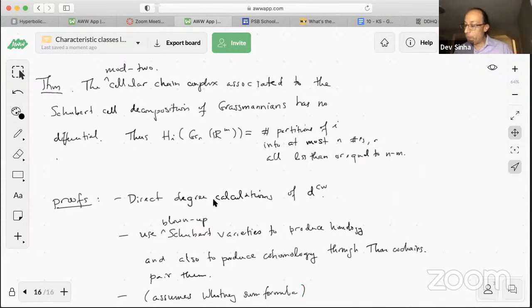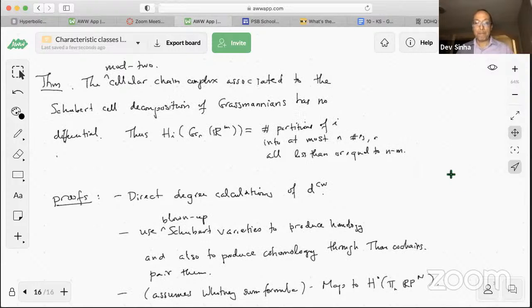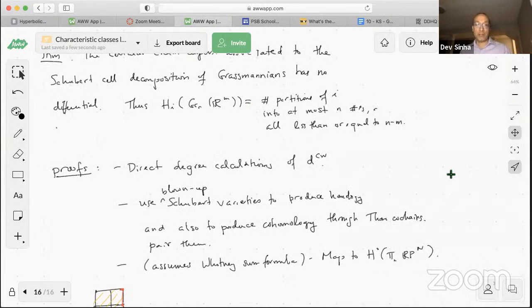And that is to map to the cohomology of a product of n copies of RP^N, whatever, capital N. So those are three different strategies.